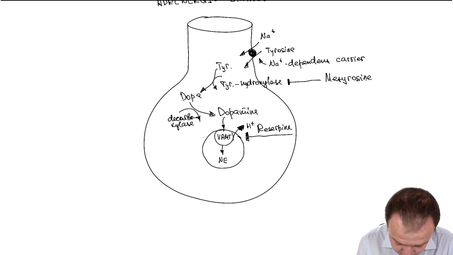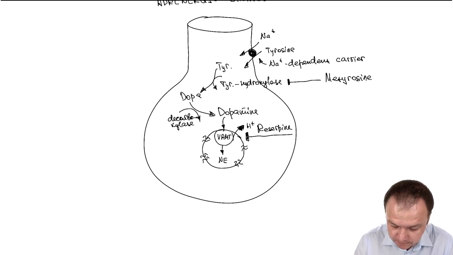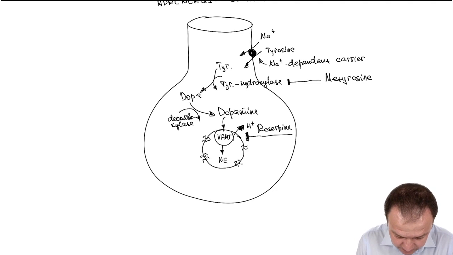In this vesicle we also have proteins, the SNAP protein, like in the cholinergic synapse. But medications like bretylium and guanethidine also block fusion.